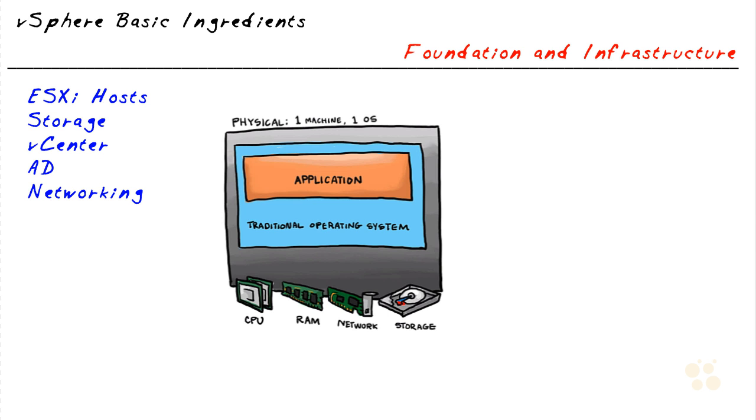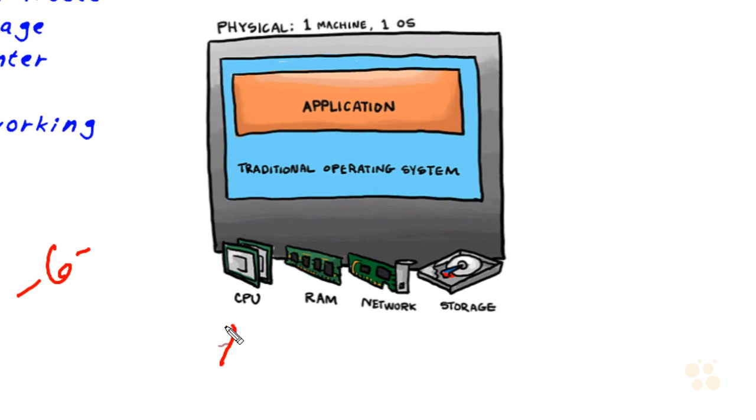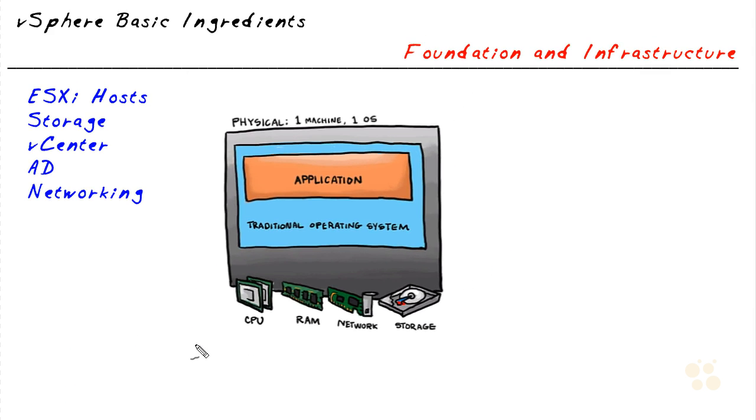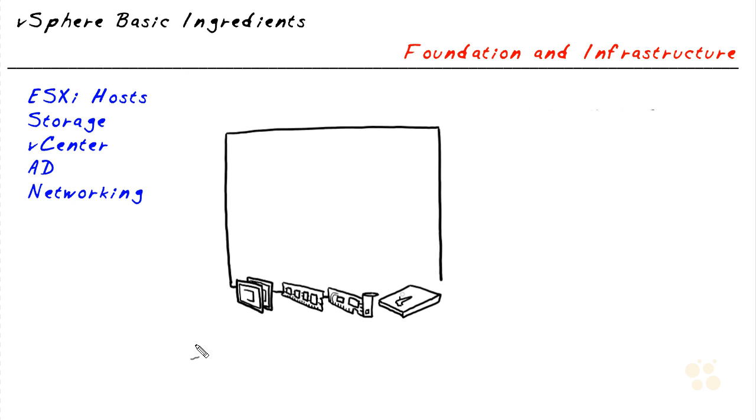And one of the big bummers that is a reality in the old days is that for each of these, let's say we had 6 physical servers, on each of those 6 physical servers, they'll have CPU resources on the motherboard, they've got random access memory, they've got network interface cards, and they have some type of disk storage. So the bummer is we had to pay for each of those 6 physical servers with all the resources that currently are being underutilized.